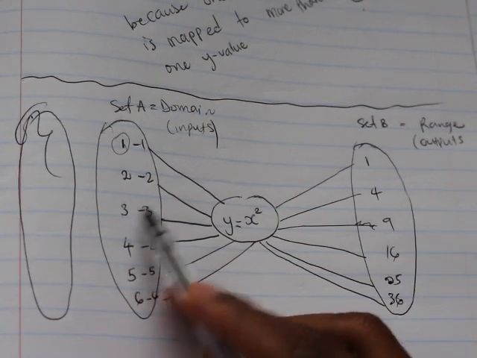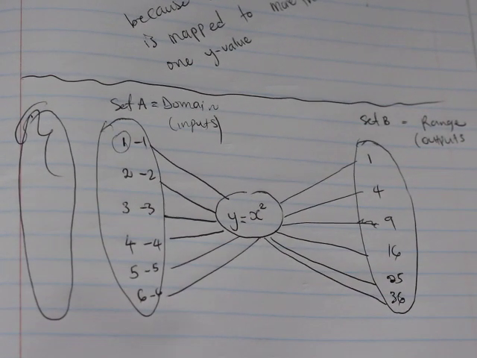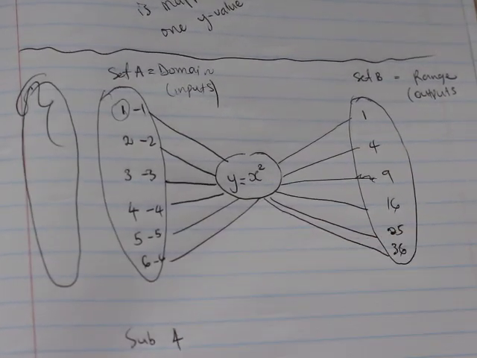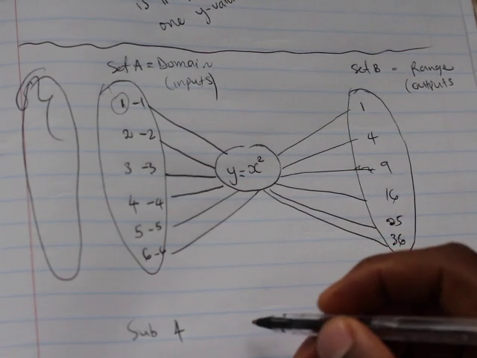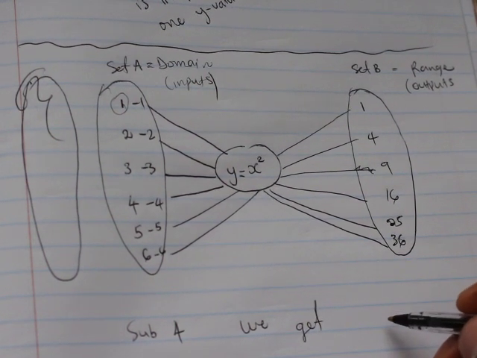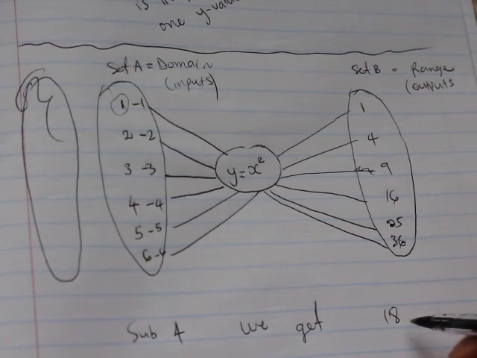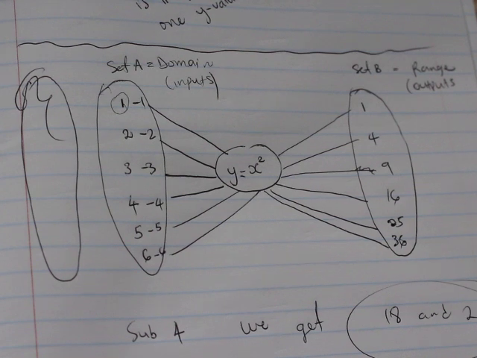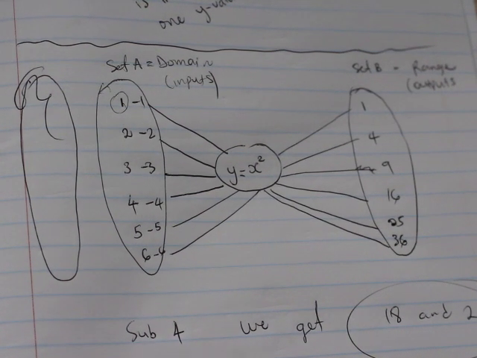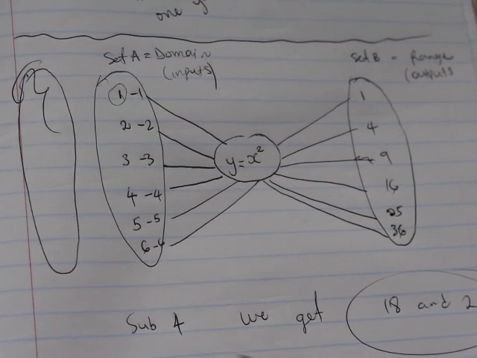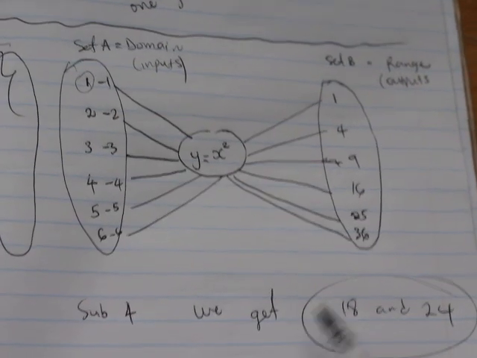So, for example, if we were to substitute 4, and then we get, let's say, 18 and 24, this would be wrong. Why? Because now that means for one X value you're getting 2 Y values.